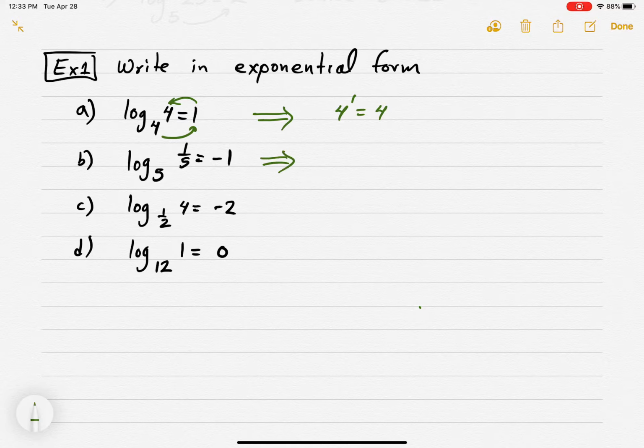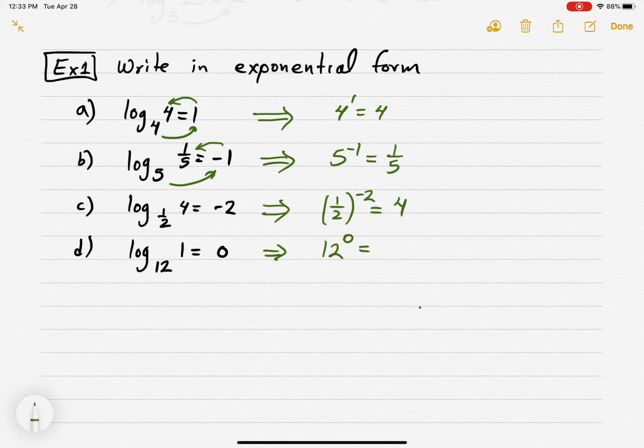It will be 5 to the negative 1 equals 1/5, and so on. We're not evaluating anything, we're just rewriting it. They give it to us in log form, we need to write it in exponential form. So 1/2 to the power of negative 2 equals 4. Also, 12 to the power of 0 equals 1.